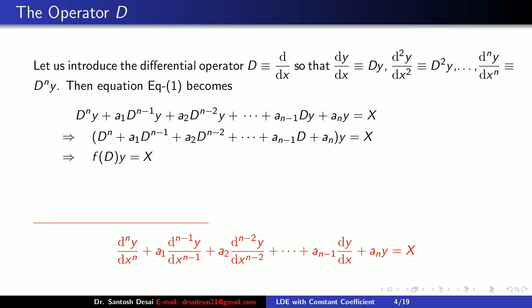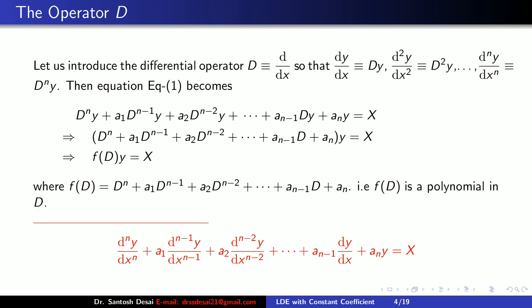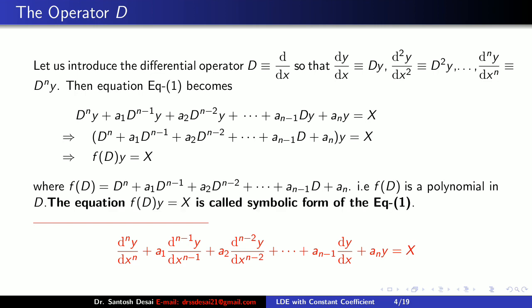So I get f of D of y is equal to capital X, where this f of D is bracketed quantity, that is D raised to n plus a1 D raised to n minus 1 plus a2 D raised to n minus 2 plus and so on plus an minus 1 into D plus an, that is f of D is a polynomial in D. The equation f of D of y is equal to X is called symbolic form of equation 1.